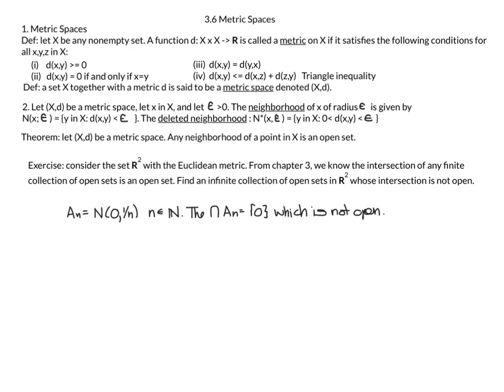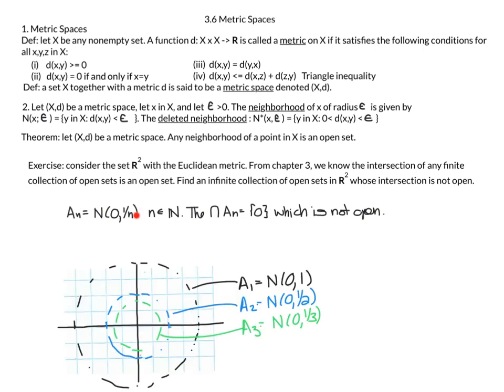So for example, A_n is equal to the neighborhood of 0 with radius 1 over n. And just to draw what these nested sets look like, A1 is the neighborhood of 0 with radius 1. I have that in black. A2 is the neighborhood of 0 with radius 1/2. That's in blue.